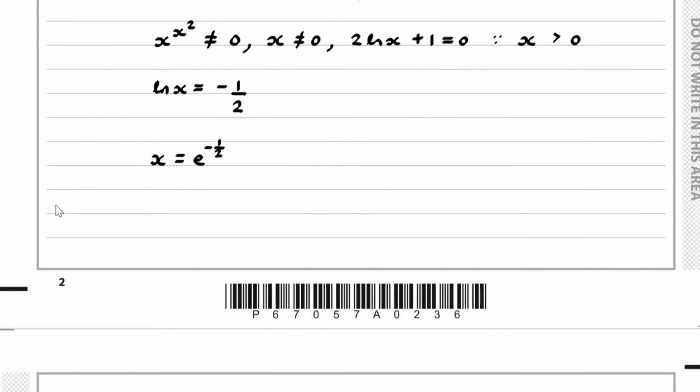In other words, the x coordinate of the stationary point, we would have x equals 1 over the square root of e as our only solution.